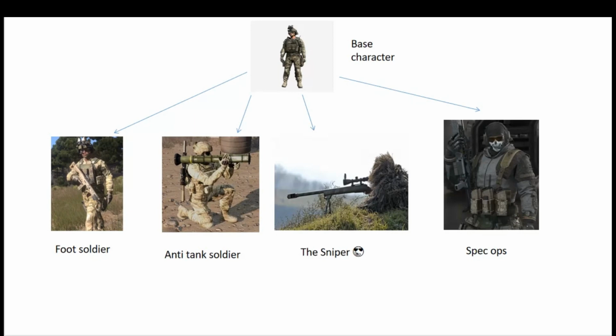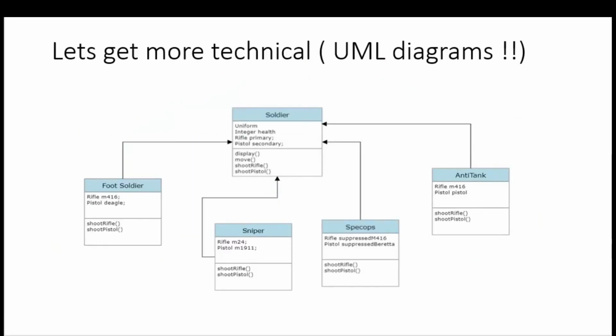All right, then let's get more technical and understand this UML diagram. So we have developed this UML diagram for the inheritance model that we have proposed for designing our characters.